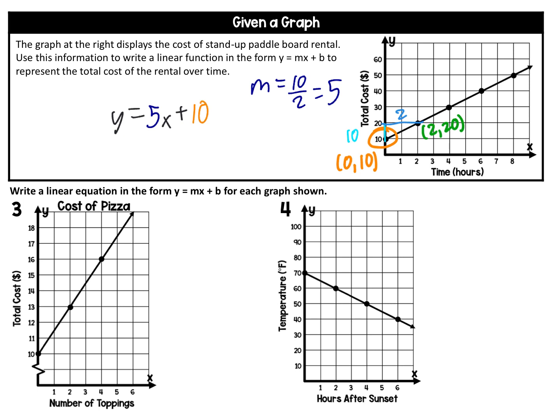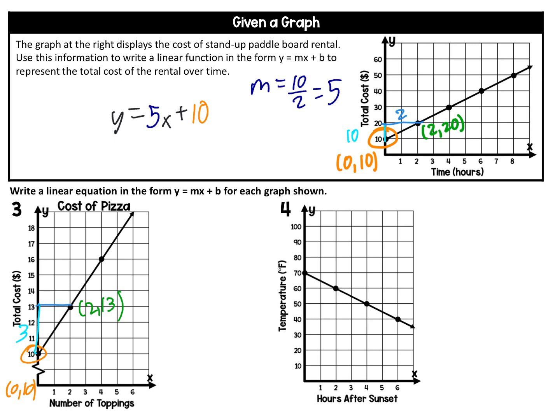Now pause the video and try the two practice problems below. When you are done, resume the video and check your answers. In problem 3, we cross the y-axis at (0, 10), so our y-intercept, or b value, is 10. To find our slope, we're going to look at consecutive points, in this case (0, 10) and (2, 13).